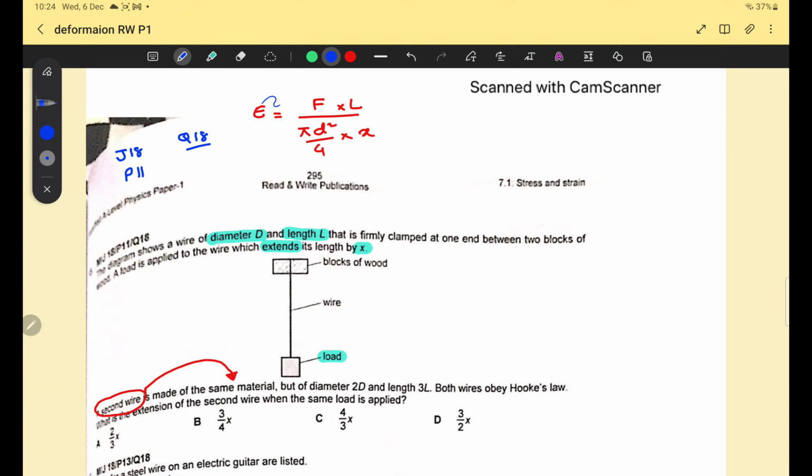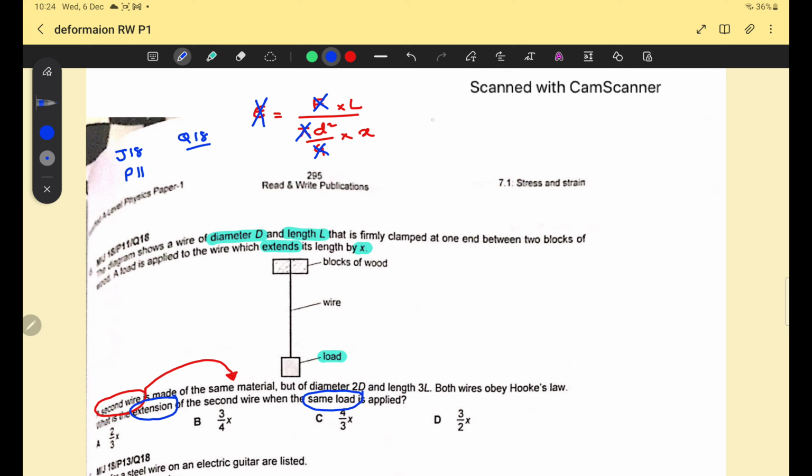If it is the same material, then I should cut Young modulus. Number one. Number two, the same load is hung. Same load is applied. If the same load is applied, beta, what should I cut? Force. Yes, I should cut force. As well as pi is a constant, force is constant, 4 is constant. Okay, and in this question we have to calculate extension.